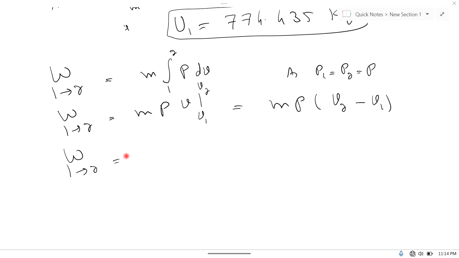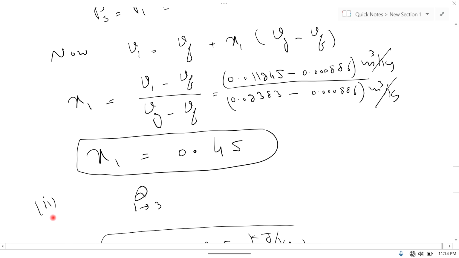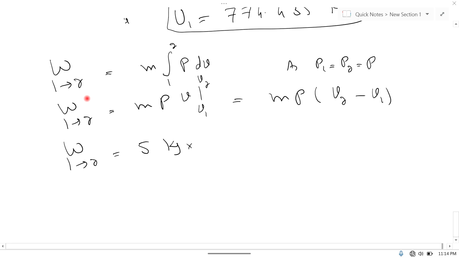Putting here the value of mass, 5 kilogram, and pressure P1 equal to P2, which is 1085.7 kilopascal. Pascal is equal to Newton per square meter. And V2 minus V1: V2 is 0.02249 minus V1, which is 0.011245, giving 0.011245 meter cube per kg.